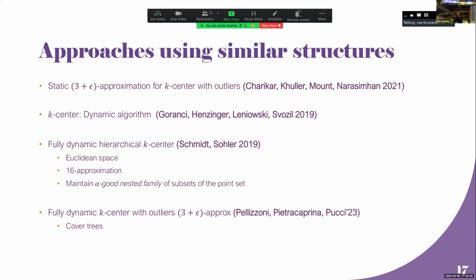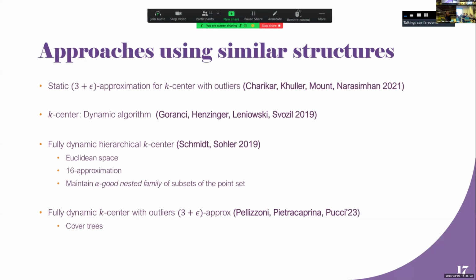And let me just quickly mention that there are some other approaches using similar structures. First of all, the greedy 3+epsilon approximation doesn't use navigating nets, but it uses some modified variant of the R-nets. And the result I also mentioned actually uses navigating nets.